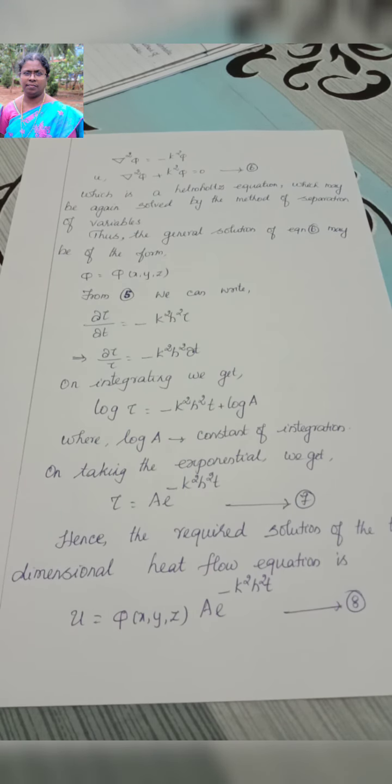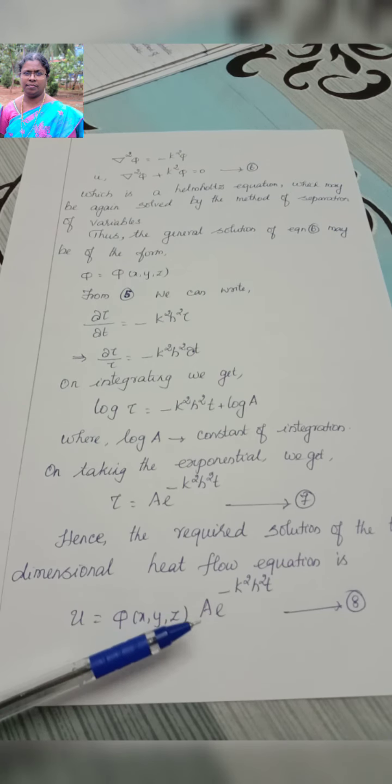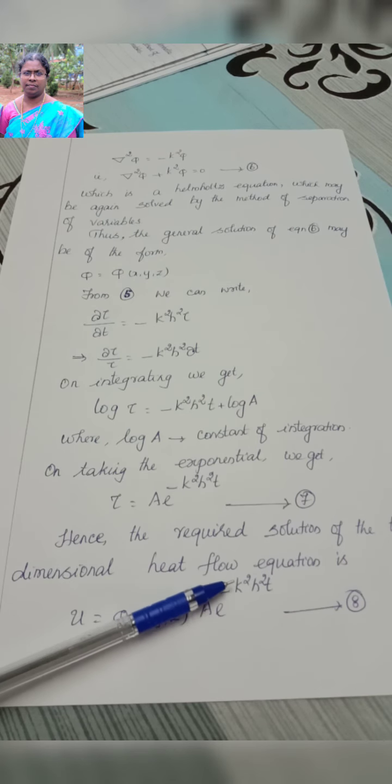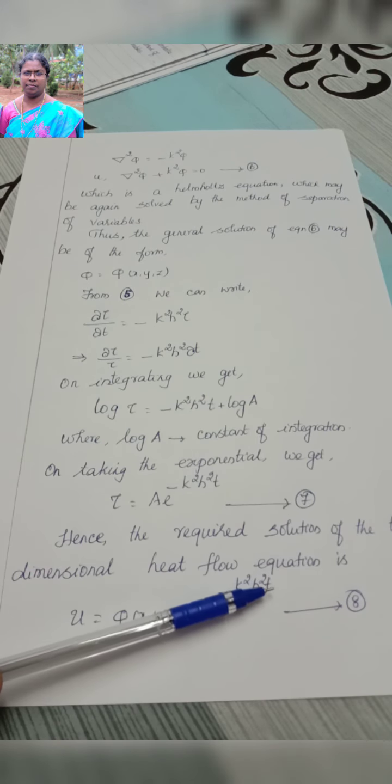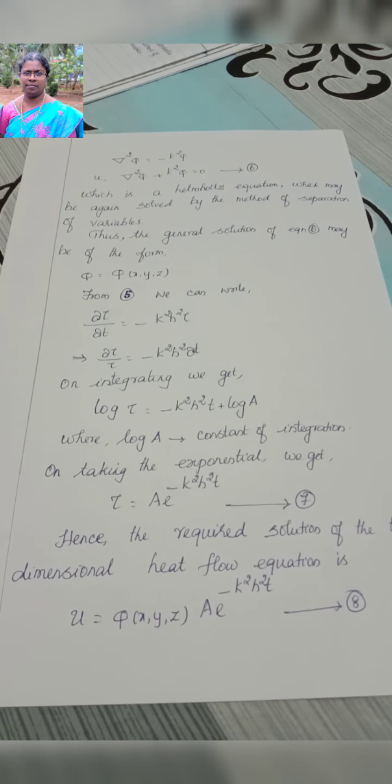Hence, the required solution of the three-dimensional heat flow equation is u is equal to phi of x, y, z into a e power minus k square h square t. This is equation number 8, where a is the arbitrary constant to be determined using the boundary and initial conditions.